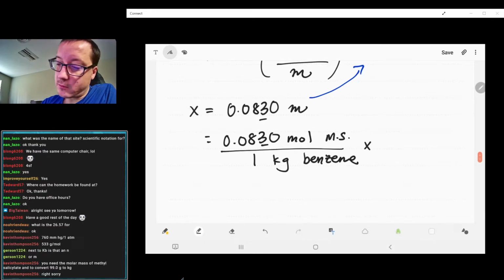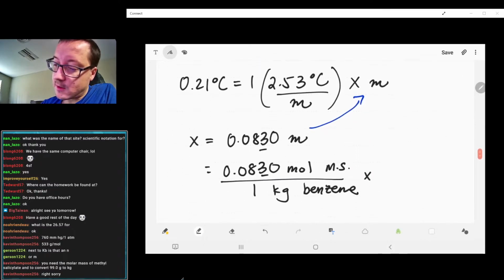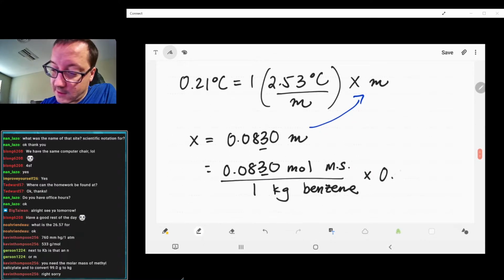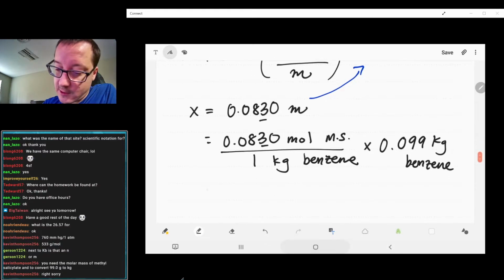We know we have, what was our mass of benzene to start with? 99 grams. So if we convert that to kilograms, we know how much the mass of our solvent was.